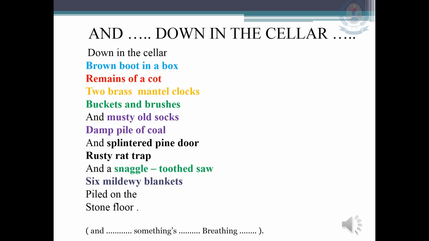Now children, I am going to give you the definition for concrete poetry. What do you mean by concrete poetry? Concrete poetry is an arrangement of linguistic elements in which the typographical effect is more important in conveying meaning than verbal significance.